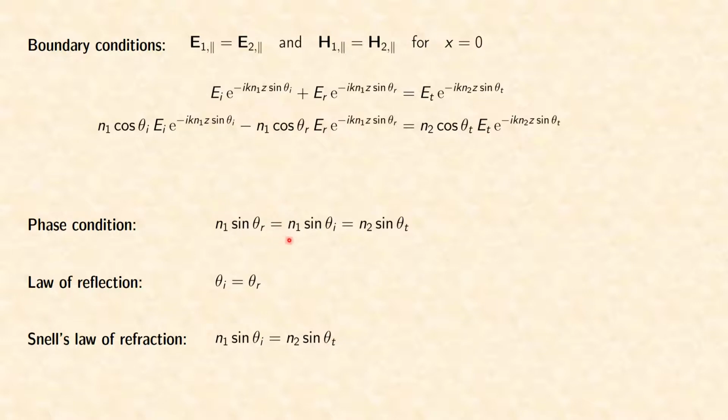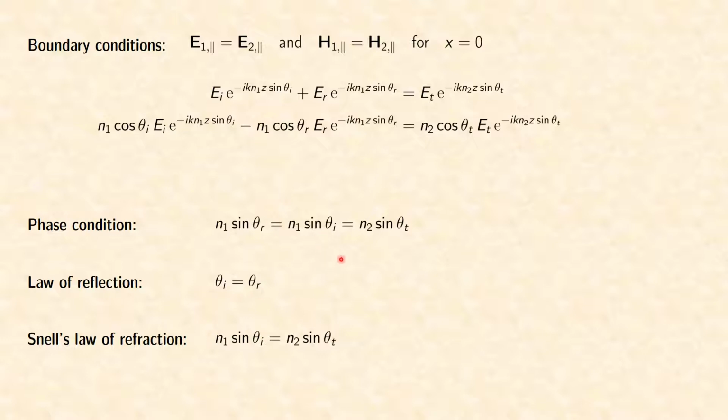We have two equations actually. The equation of the first two terms can be simplified because there is a common factor n1 which can be skipped, and then we end with the law of reflection, which says theta i, the incident angle, is the same as theta r, the reflected angle. So this is the well-known law of reflection.